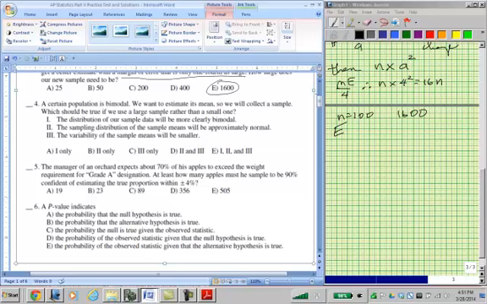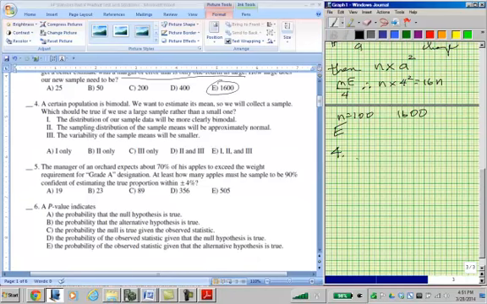Okay, a certain population is bimodal. What does that mean? In case you forgot, it means, here's a unimodal distribution. Numbers start small, then a small percentage of small numbers, a small percentage of large numbers, and then in the middle the numbers get bigger and then they tail off. So that would be sort of like a normal curve.